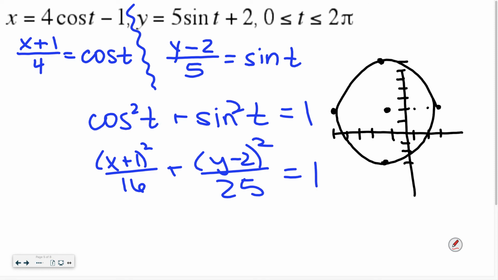Okay, right here. What about t equals pi over 2? -1, 7, right? So we know our orientation.